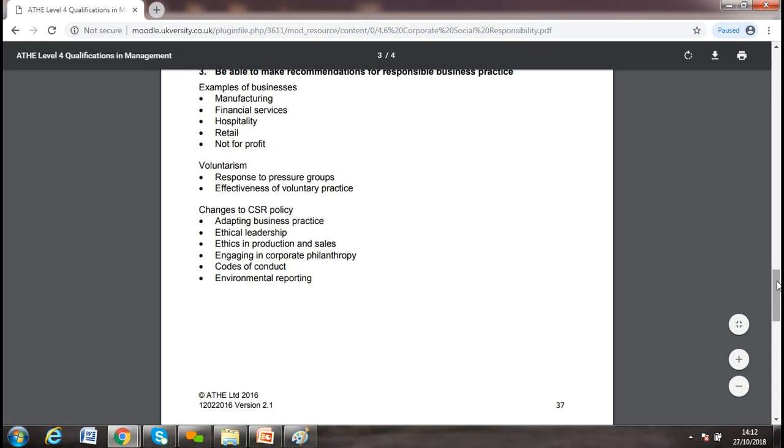Ethical leadership, ethical production and sale. What is meant by ethical leadership? Leaders should treat other people ethically when they buy, recruit, advertise jobs and make decisions, showing ethics, professional behavior, integrity and confidentiality.